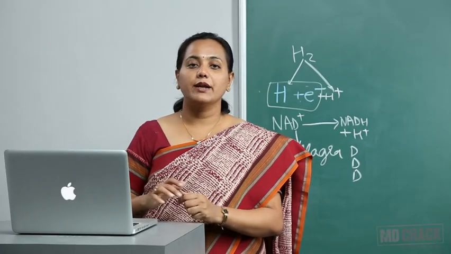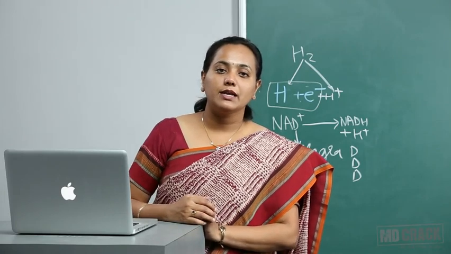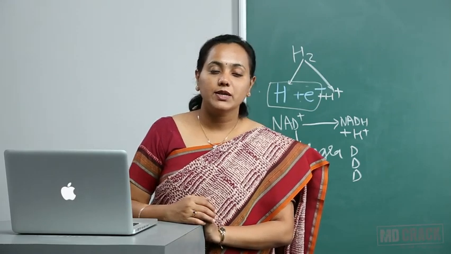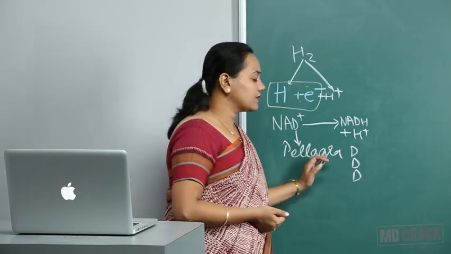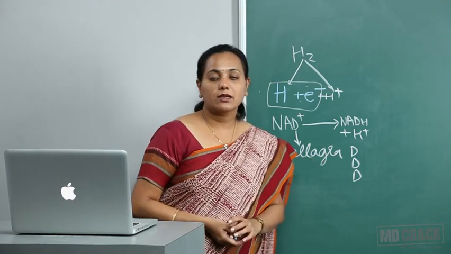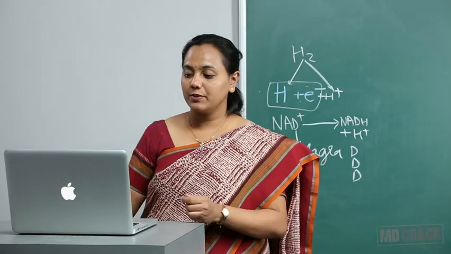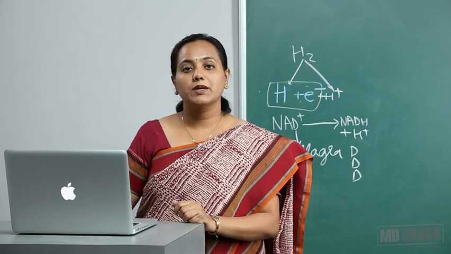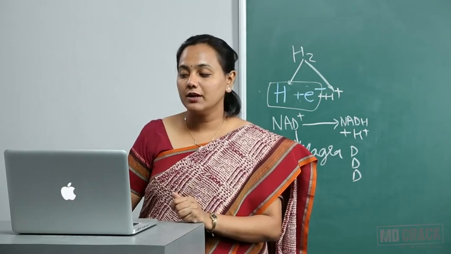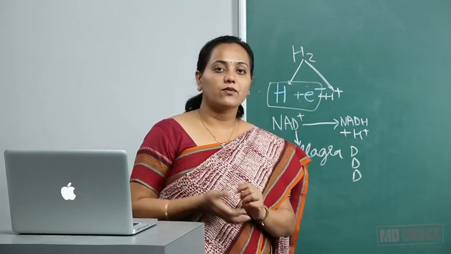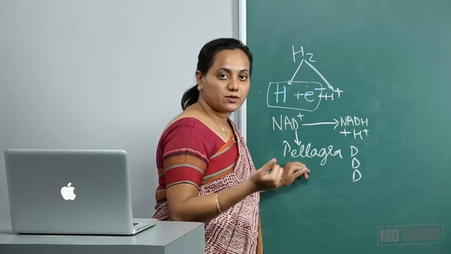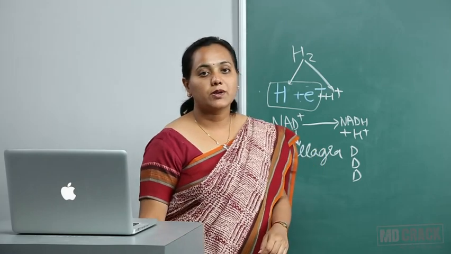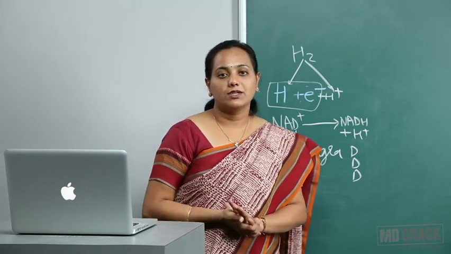So with this, we come to the end of two important vitamins, niacin and vitamin B6 or pyridoxal phosphate. Please remember that niacin deficiency leads to pellagra, and pyridoxal phosphate or vitamin B6 deficiency can lead to different conditions: hematologically, hypochromic microcytic anemia; dermatologically, because of pellagra, since B6 deficiency can lead to niacin deficiency and niacin deficiency can lead to pellagra; and finally neurological, because of its effects on myelination.